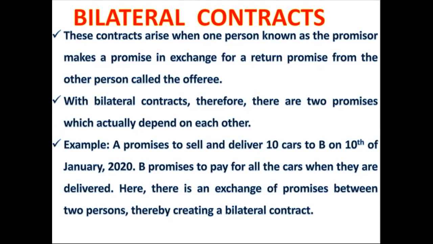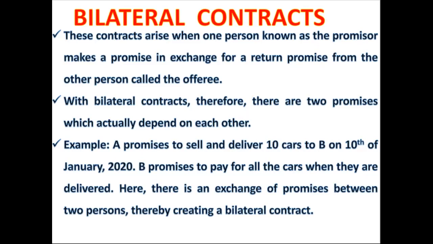So, for example, a person who is living in Singapore tells somebody who is living in Australia that I promise that on the 1st of January, I will send to you 20 cartons of milk. Then the person in Australia says, I promise that when you bring the 20 cartons of milk, I will pay you $500,000.